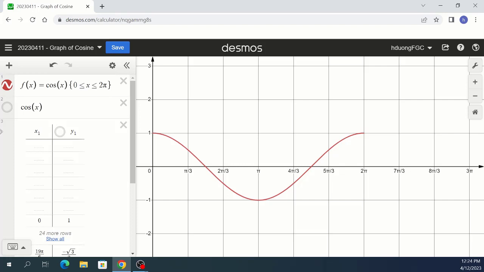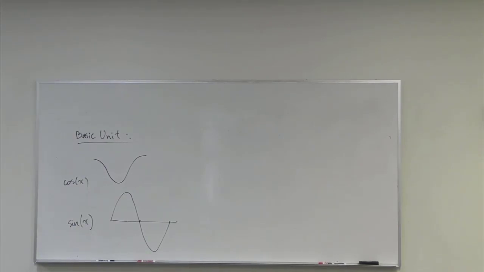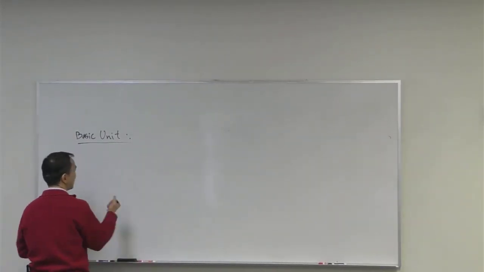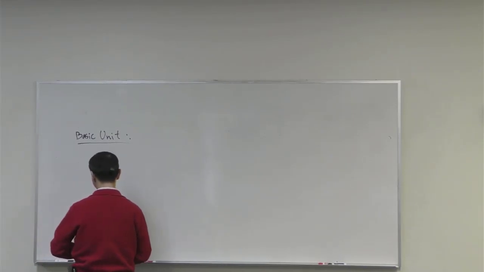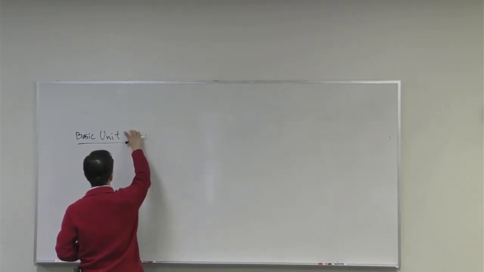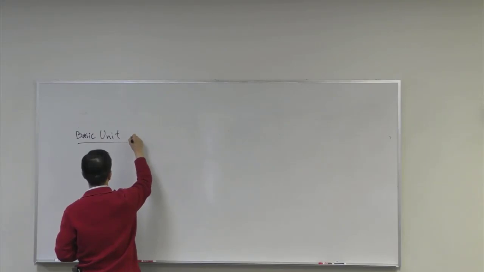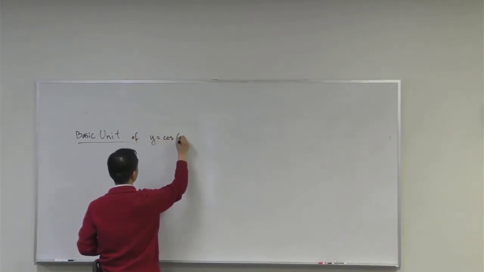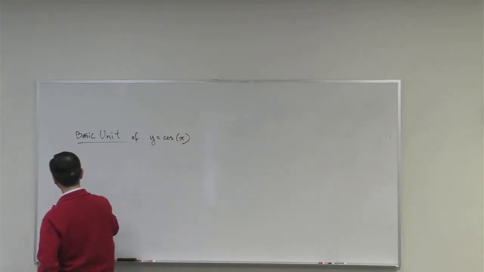Okay? So let's look further into that basic unit to understand it a little more so that we get more fluent in sketching it. So, the basic unit, or the fundamental unit, of the y equals cosine function. And here's how I'm seeing it.